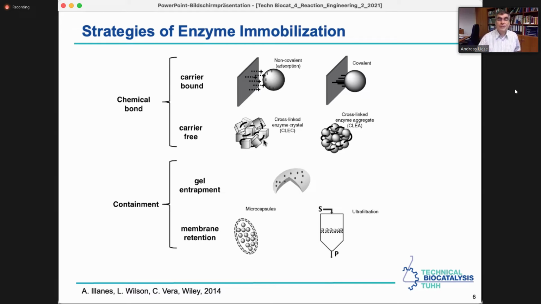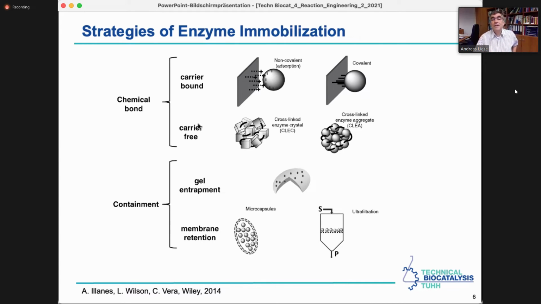Well, the difference is that in the CLEC case on the left side, we work with enzymes purified to homogeneity, and in the right case, generating the CLEAs, we're just working with impure enzymes, technical grade enzymes, where we know that there's no foreign activity catalyzing a different reaction than our target reaction, but we do not have it purified to really homogeneity. Often purification is around 95%.